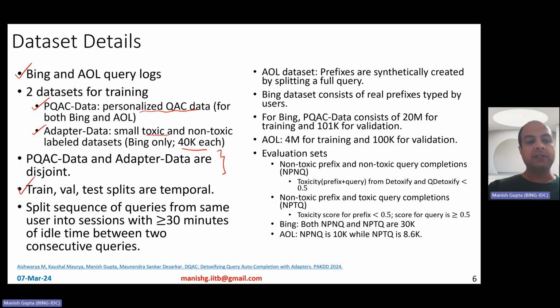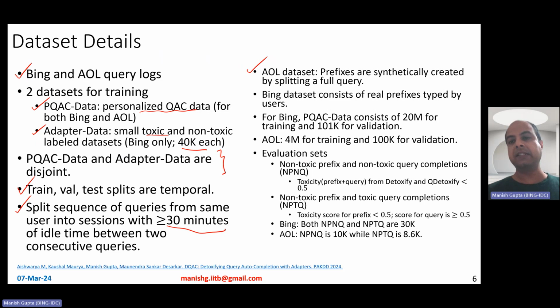To identify personalized sessions, we follow the standard definition of a session, where within a session, two queries should be less than 30 minutes apart from each other, and of course coming from the same user. Now, to get the query auto-completion part, you have to take a query and get the prefix and the suffix part. In the AOL dataset, unfortunately, we do not have the prefix and suffix separately.